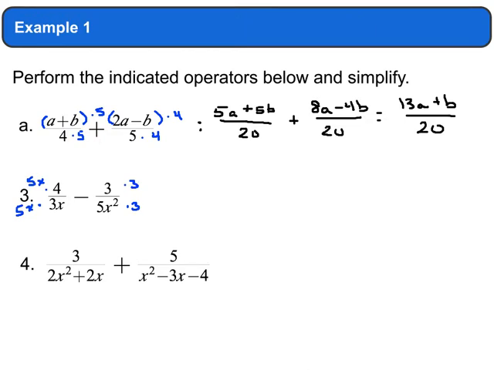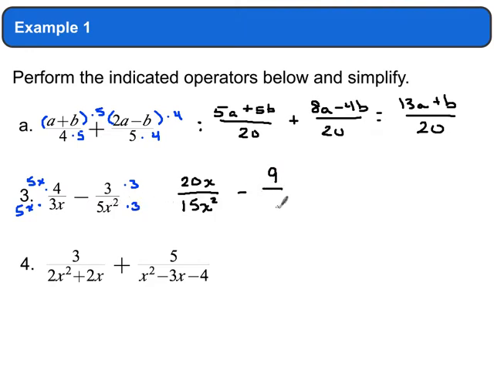Right now, if you don't understand why, just watch and see what's going to happen here. 5x times 4 is 20x. Remember, our goal is common denominators. So 5x times 3x is 15x squared. 3 times 3 is 9.